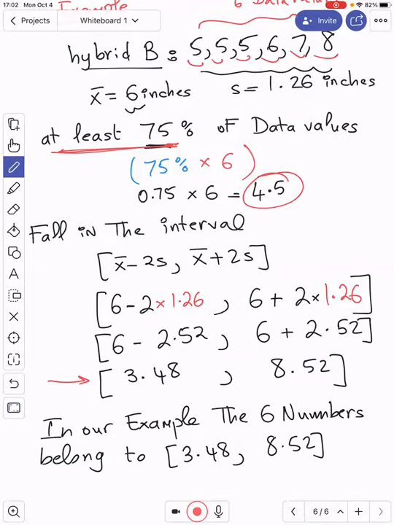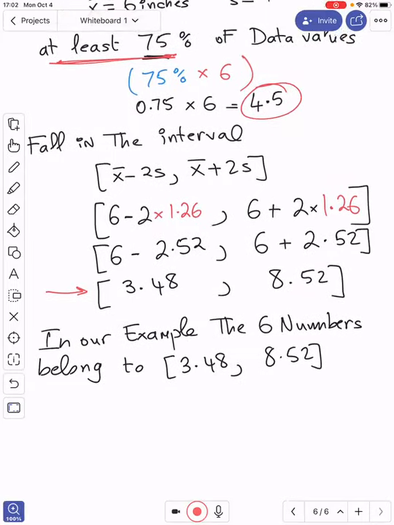But the prediction made by the theorem, the theorem predicted that at least 75%. So the prediction made by the theorem is at least 4.5 numbers.